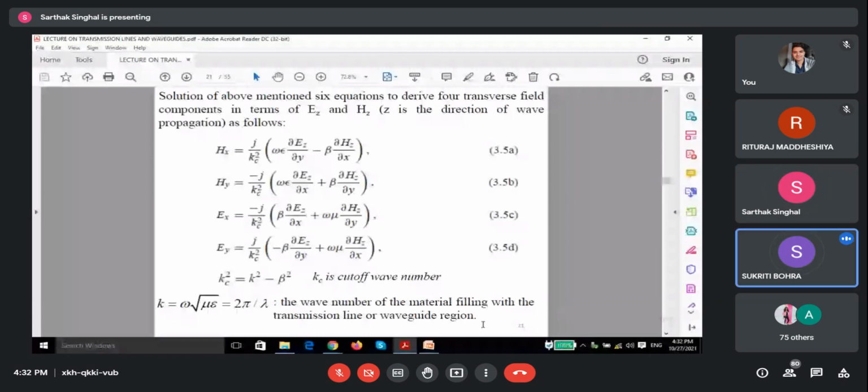And beta will be 2 pi by lambda when your media is free space. So these are the four reduced equations.